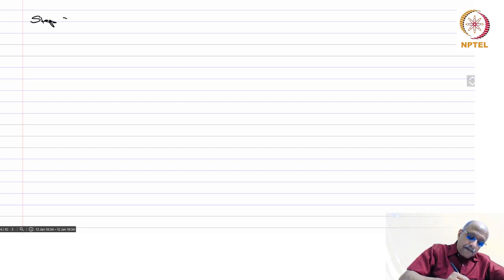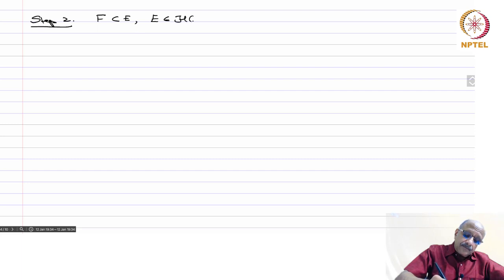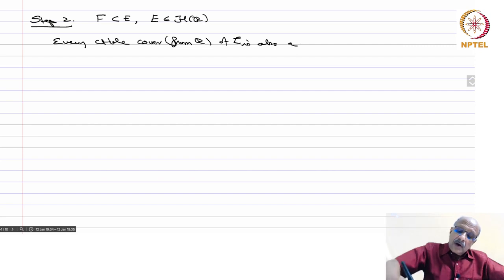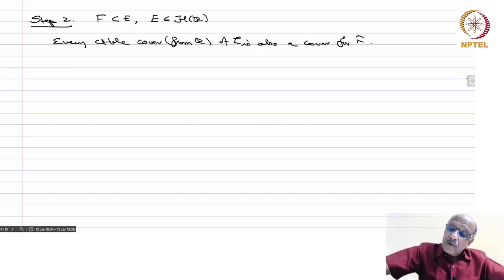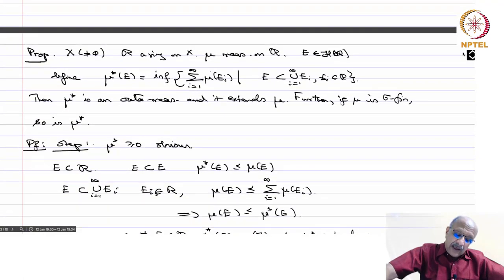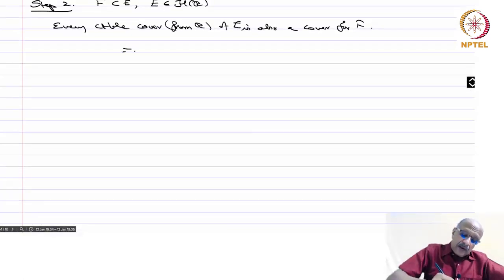Step 2. Suppose F is contained in E, E in H of R. Then of course it's a hereditary sigma ring, so F is also in H of R. So every countable cover from R of E is also a cover for F. So you are taking the infimum, so your number of covers for F is more than the number of covers for E, and therefore automatically this implies that mu star of F is less than or equal to mu star of E. When you are taking the infimum over a bigger set, the infimum will be smaller.